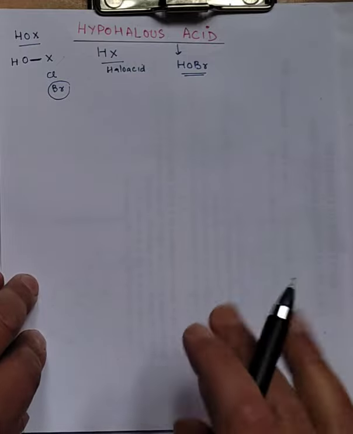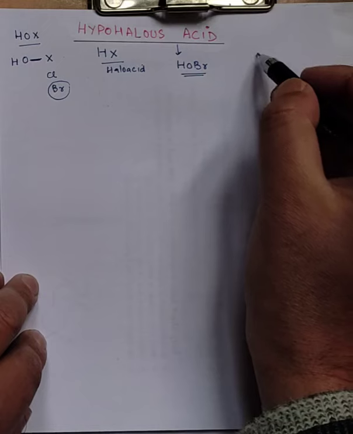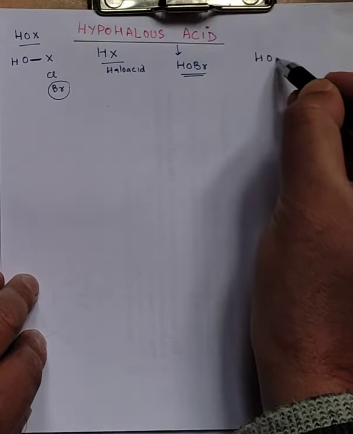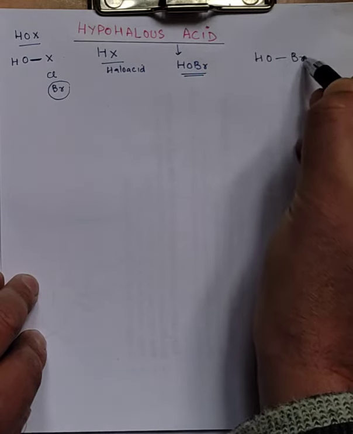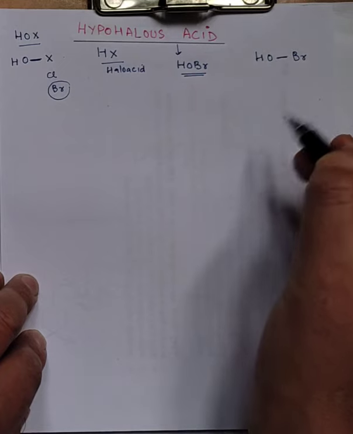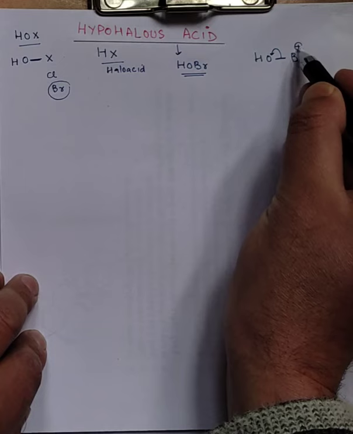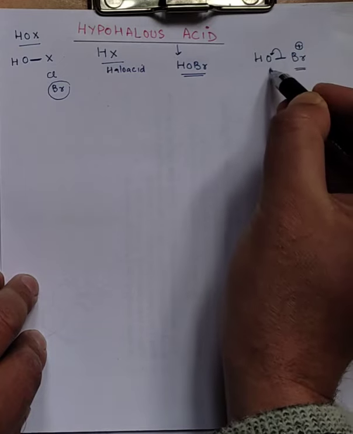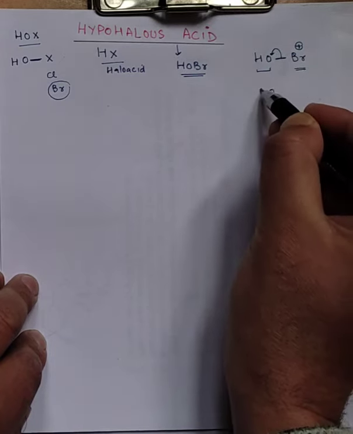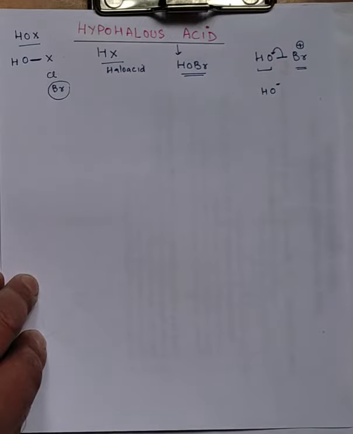Fine. So basically in HOBr, this oxygen is highly electronegative. So it generates this electrophile, that is bromine. So this is your positive part, this OH negative, this is your negative part. Fine.